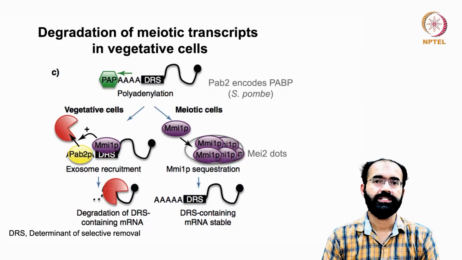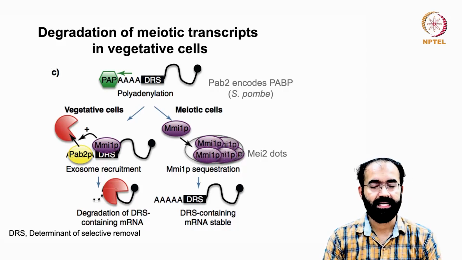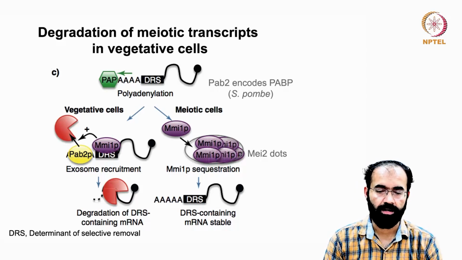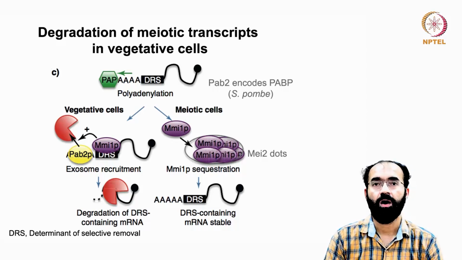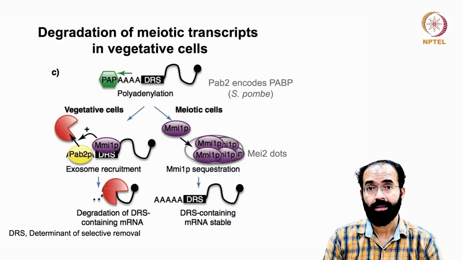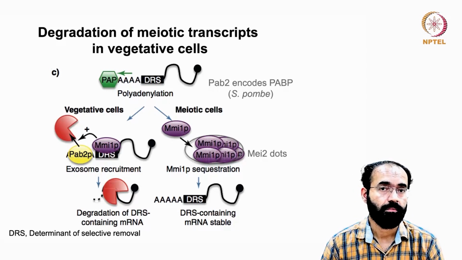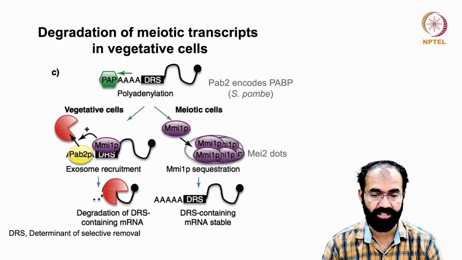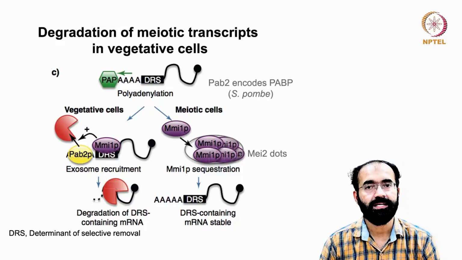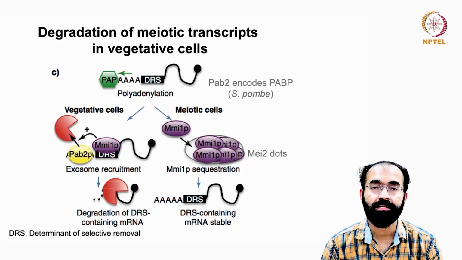In yeast, Saccharomyces cerevisiae, it can undergo the degradation of certain RNA based on whether the cell is in the mitotic stage or meiotic stage. So let us see an example of how vegetative cells of Saccharomyces cerevisiae behave, because vegetative cells are not meiotic.